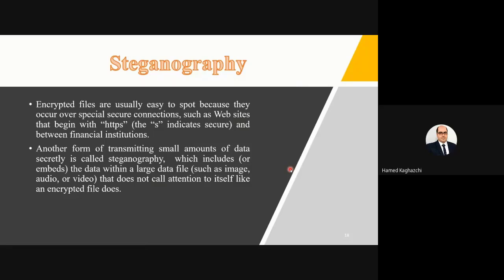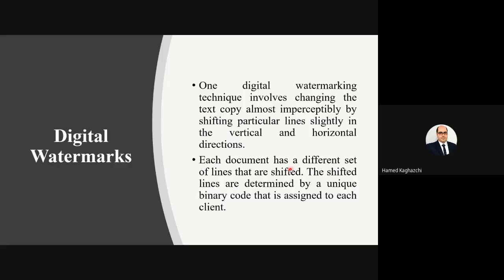Why do we do that? For protecting our data file, and also for security issues that are so important for us. One example of steganography is digital watermarks that assign serial numbers to each music or video data file and all of the other types of data files.